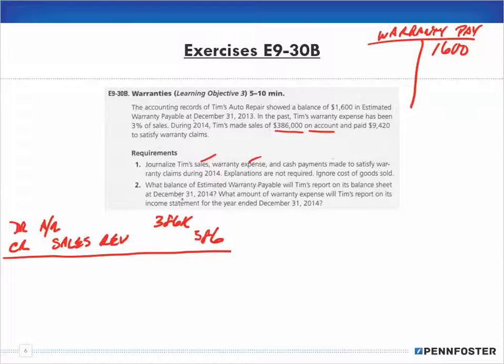Okay, now my warranty expense. If my estimate is 3% of the 386,000, then 386,000 times 3% is going to be $11,580.